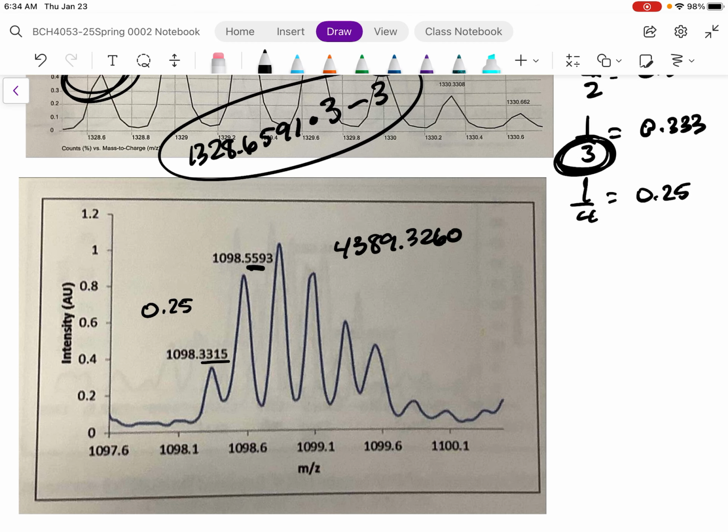So when we look at the actual numbers there, when we do the difference, what is it? 0.5593 minus 0.55. When you take the difference of these two numbers, you get 0.2278. That's the charge state.